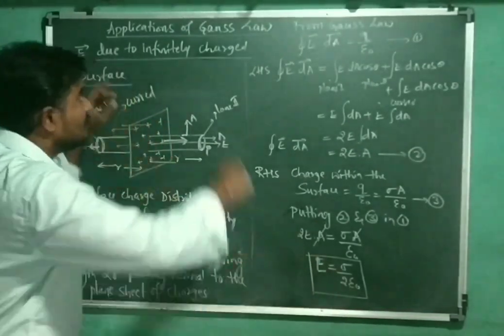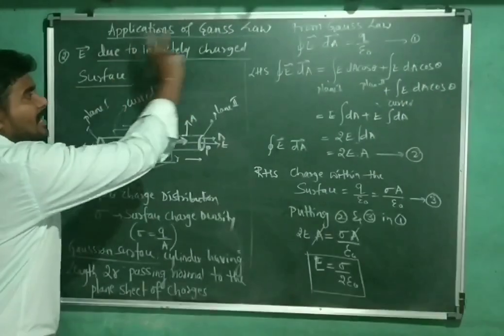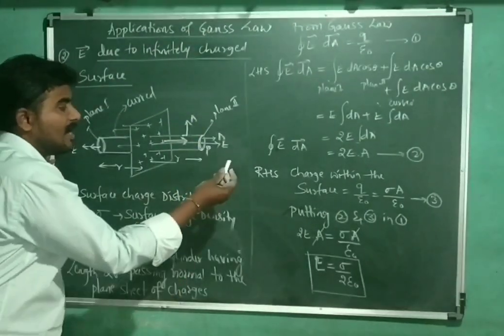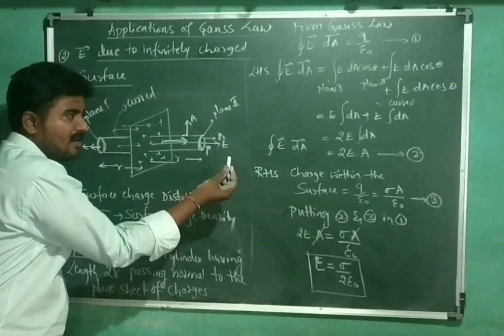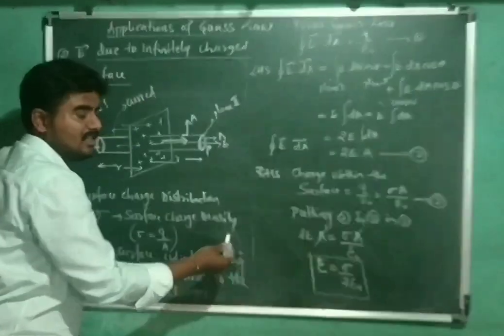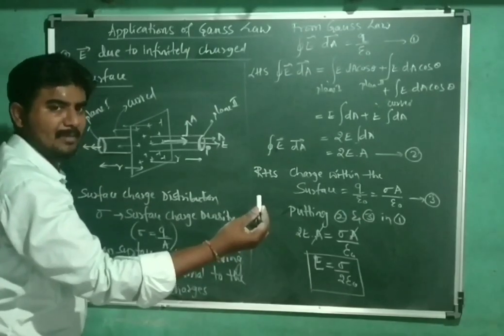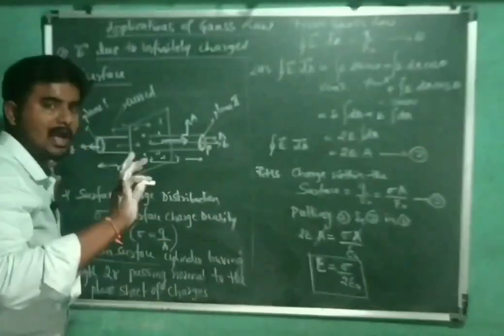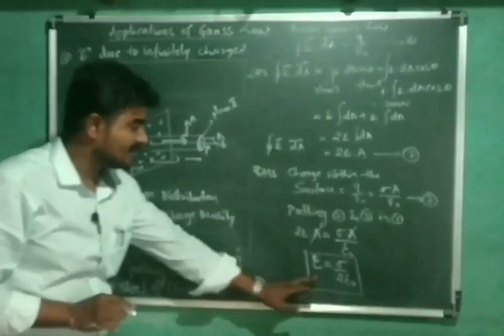Imagine this is a plane sheet and there are n number of charges. If I want to calculate electric field at this point, this distance does not matter. If I consider this distance, no matter, electric field will almost remain same. Actually, electric field is depending on distance, but in such a case electric field is independent of distance.